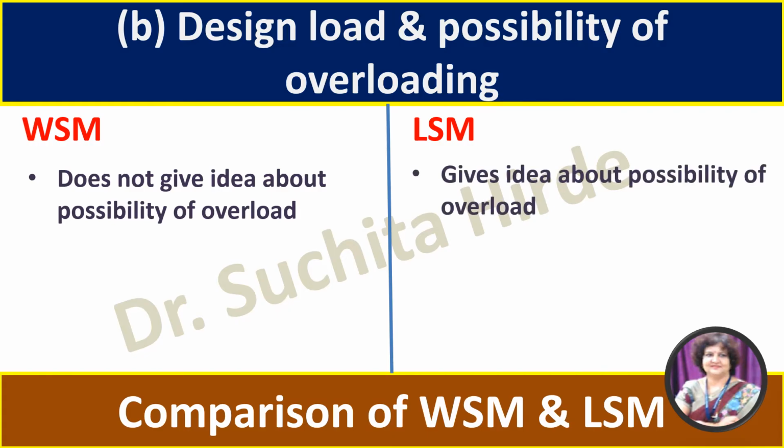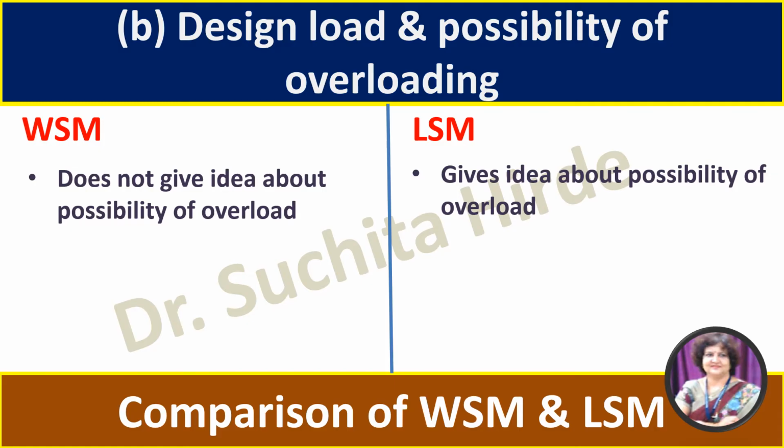Whereas in limit state method, it gives an idea about the excess load which a structure can carry beyond the working load without collapse. For example, if you are designing your structure for dead load and live load, we multiply the working load by 1.5 to get the ultimate load.